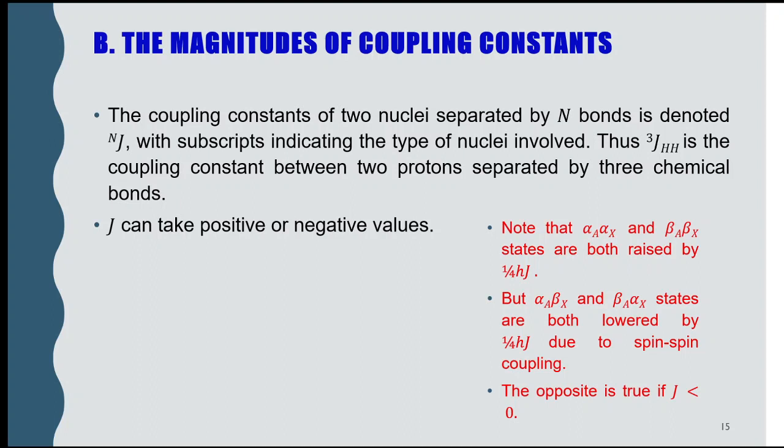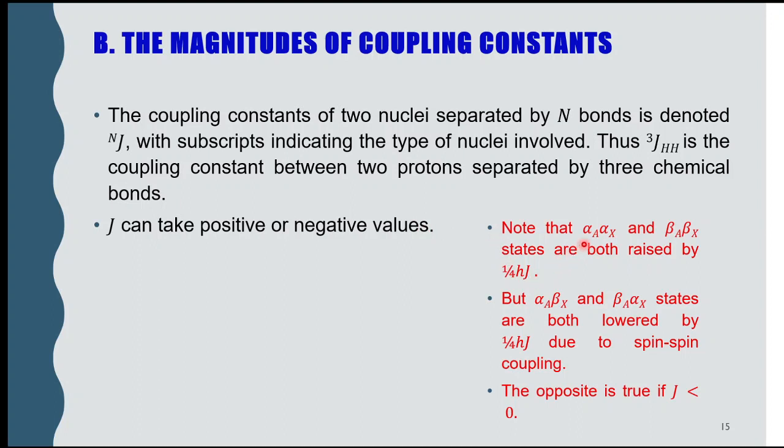The coupling constant of two nuclei separated by n bonds is denoted by nJ, with a subscript indicating the type of nuclei involved. So if you have 3J, that is the coupling constant between two protons separated by 3 chemical bonds. And J can take positive or negative values.